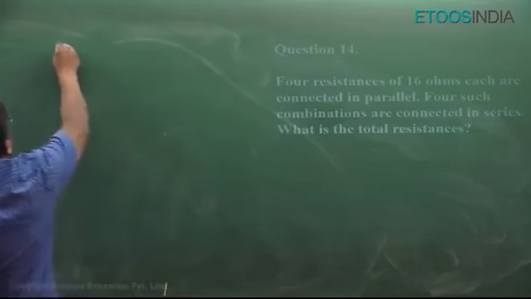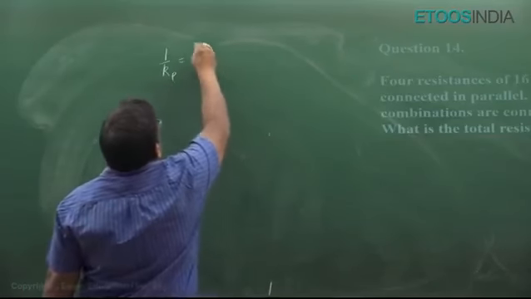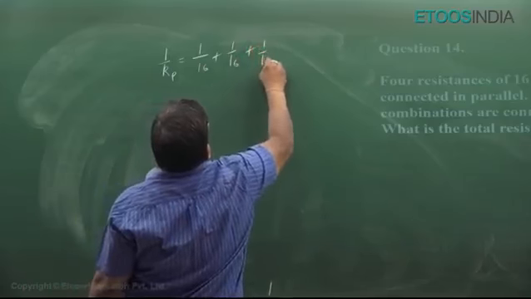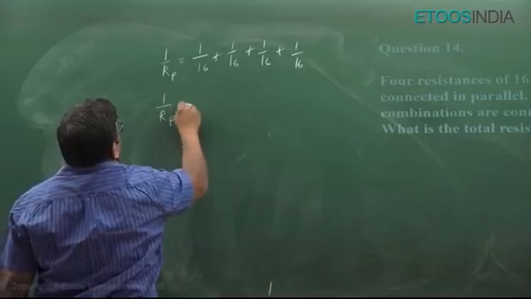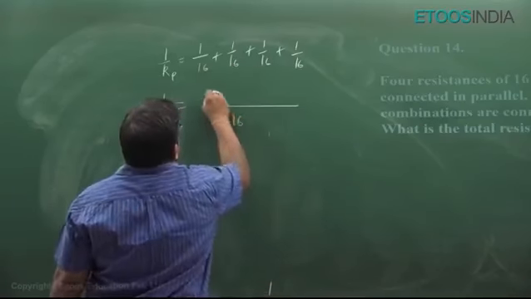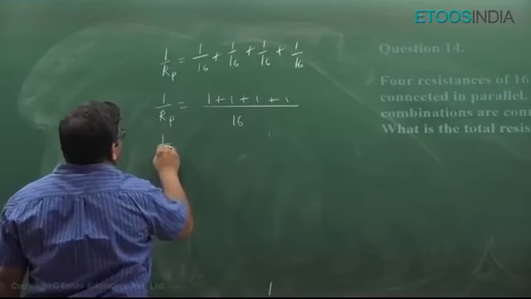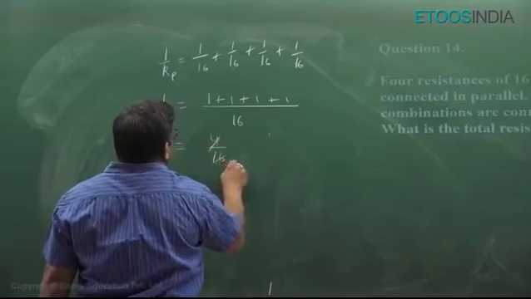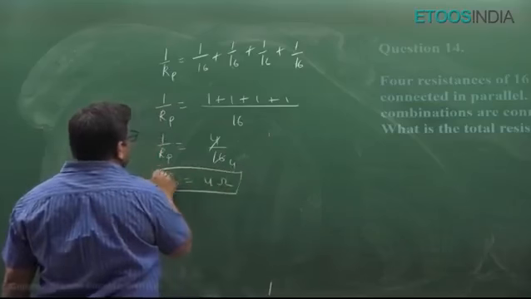So when they are connected in parallel, I know that 1 upon Rp is equal to the sum of reciprocals, and the total is 4 ohm for 1.